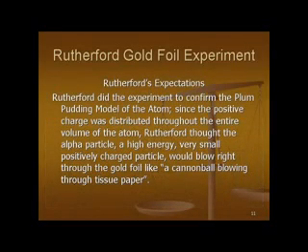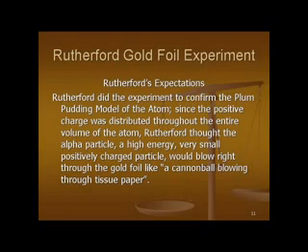As we continue to talk about this experiment, be sure to refer to your diagram. Rutherford had these expectations. He did the experiment believing that he would confirm the plum pudding model of the atom. He thought it was very plausible.